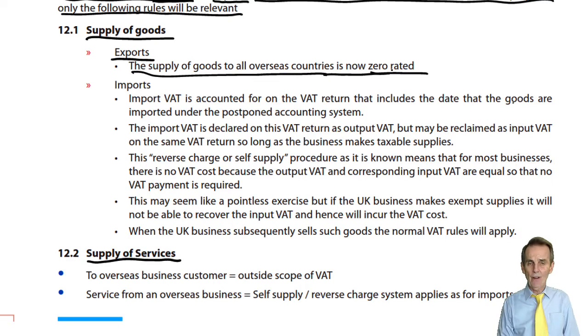So exports, very easy. Wherever the customer may be, whether it's inside the EU or outside the EU, makes no difference. Every sale made will be zero rated. It's a taxable supply, but with no VAT to account for.